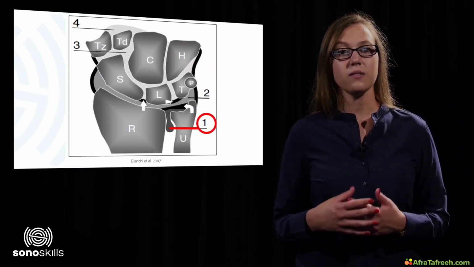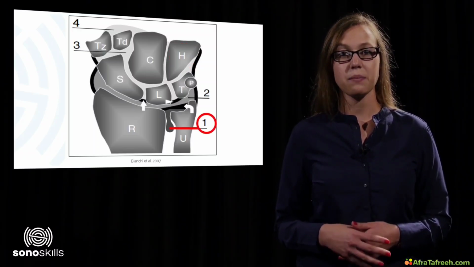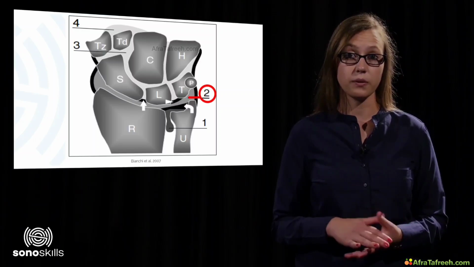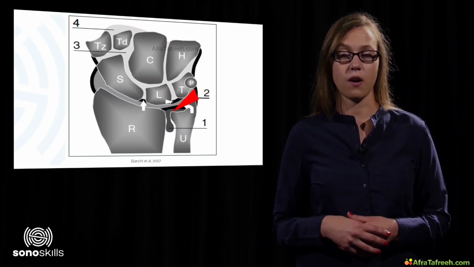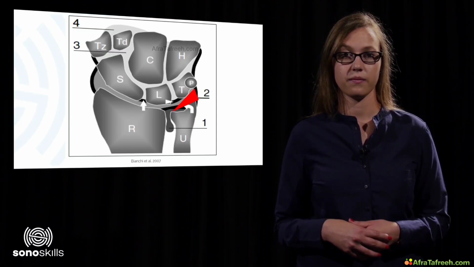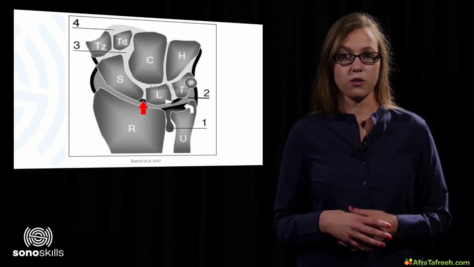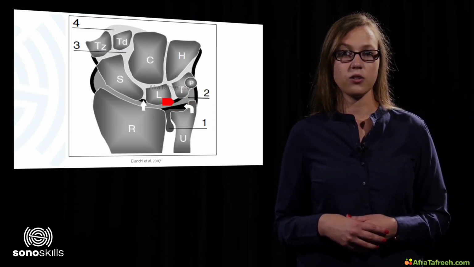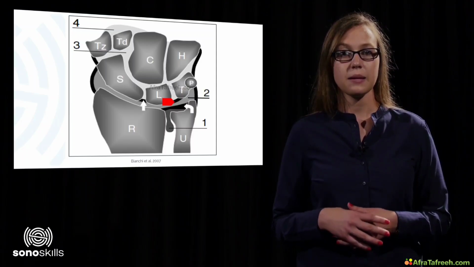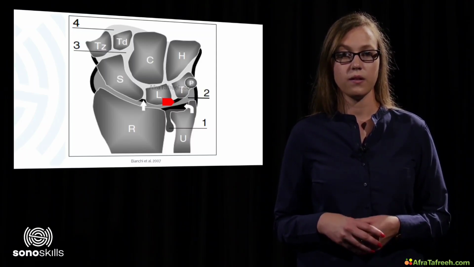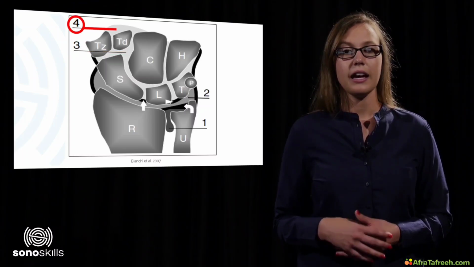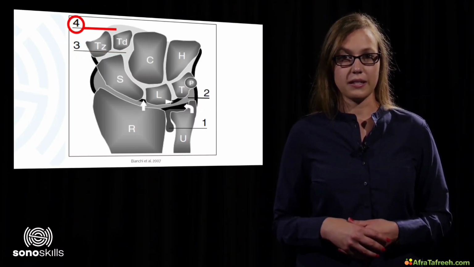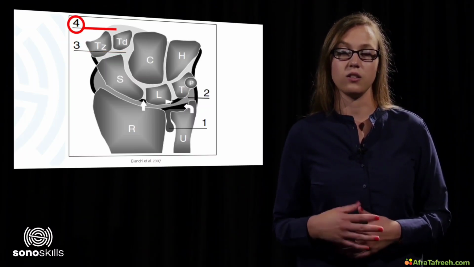The distal radio-ulnar joint is separated from the radiocarpal joint by the triangular fibrocartilage complex. The scapholunate and lunotriquetral ligaments separate the radiocarpal from the midcarpal joint. The carpometacarpal joint spaces lie ahead of the distal carpal row.